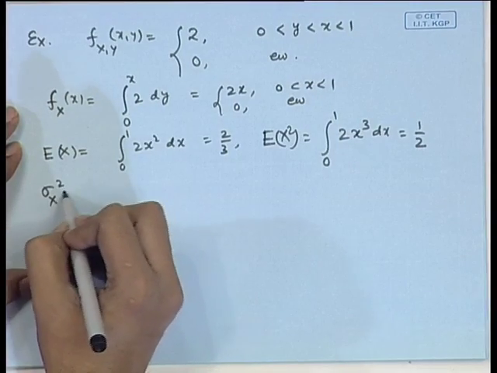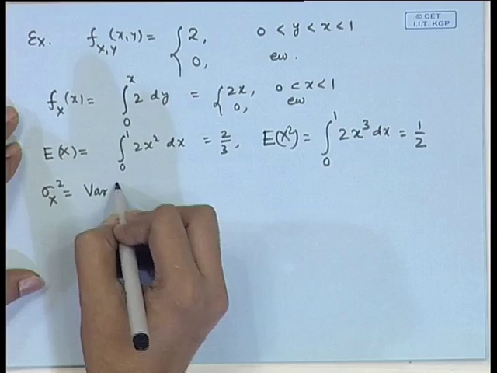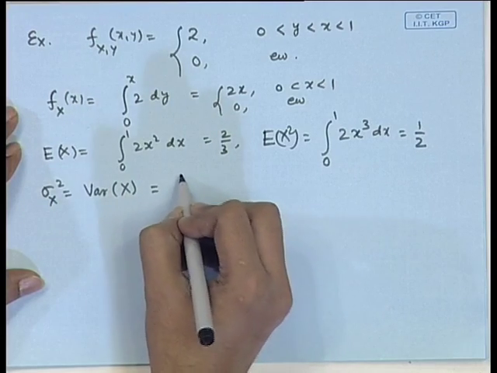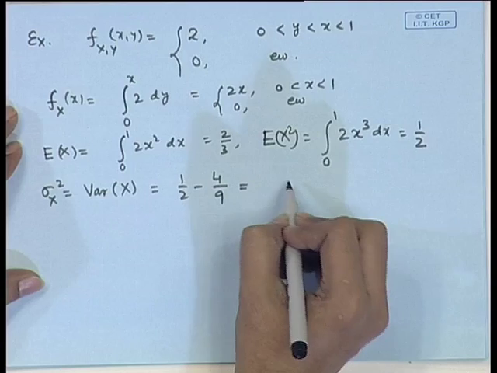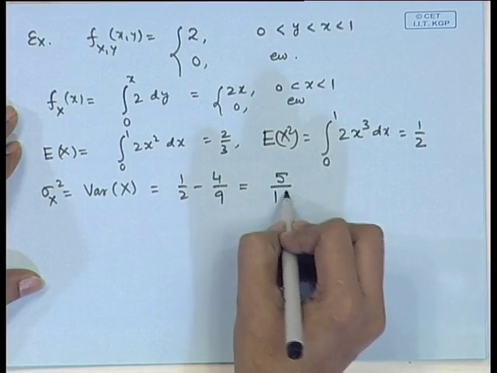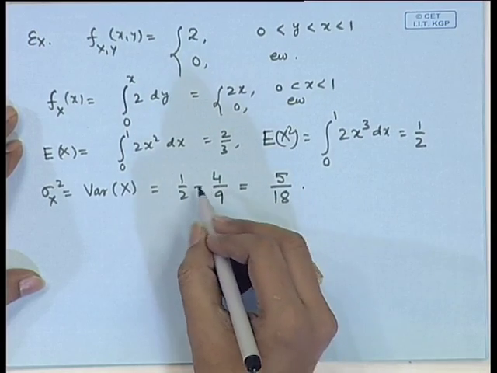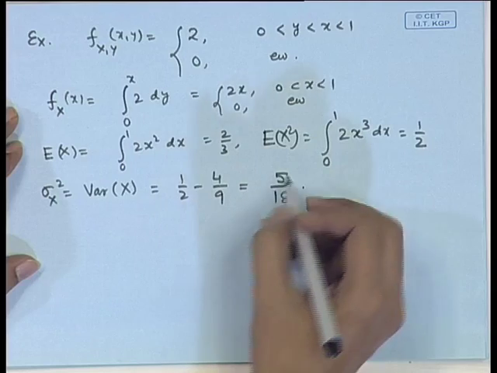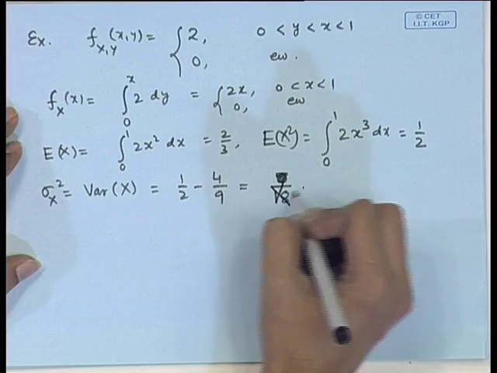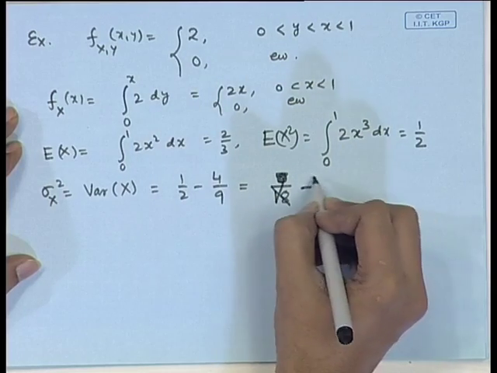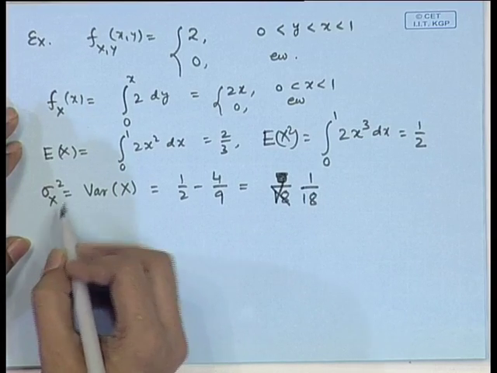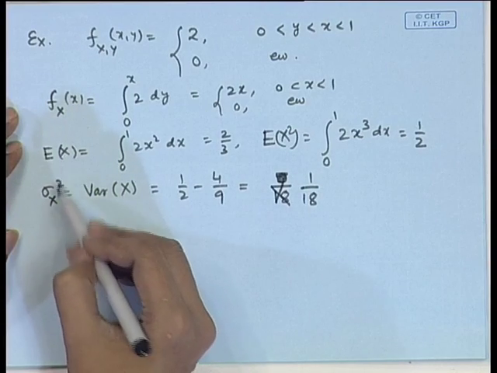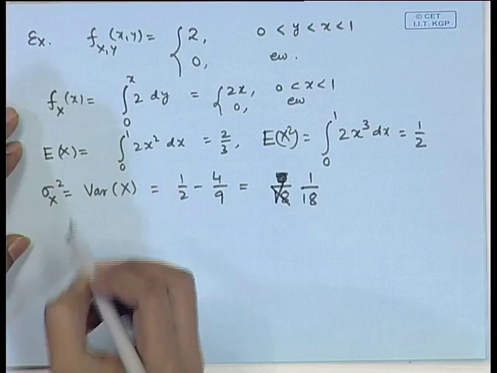Therefore, sigma x square, that is variance of x, is equal to half minus 4 by 9. Sorry, this is not 5 by 18, it is 1 by 18. So, we are able to calculate the mean and variance of the distribution of x.